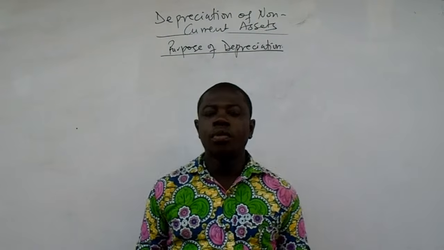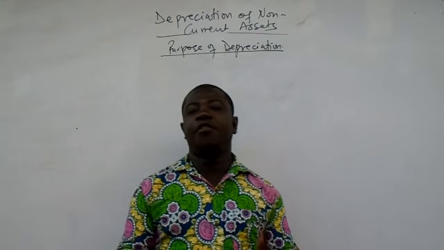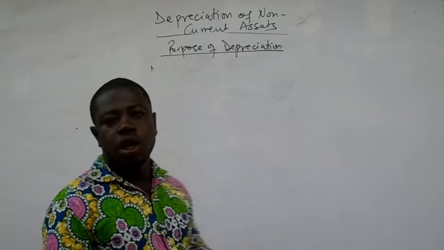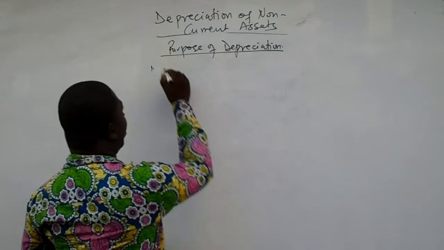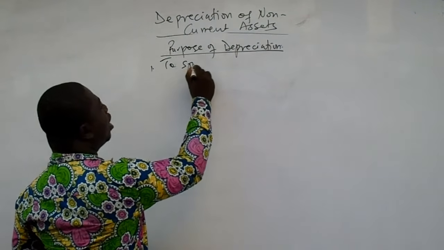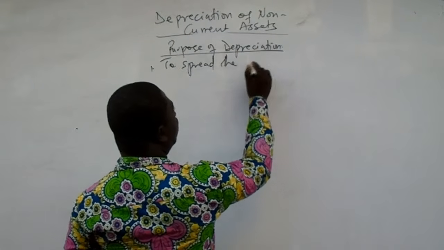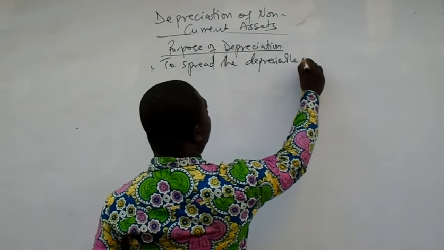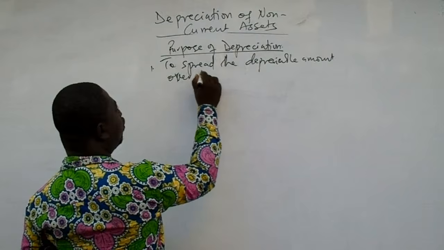So the purpose of depreciation. The first purpose, or why we provide for depreciation, is to spread the depreciable amount over the useful life of the asset.